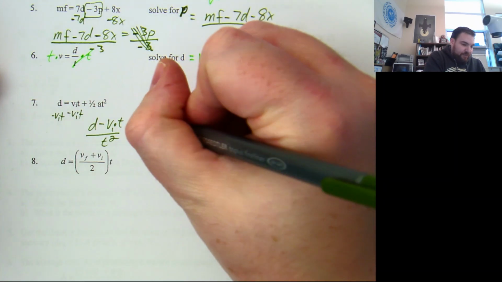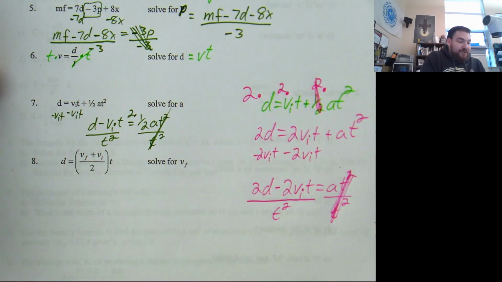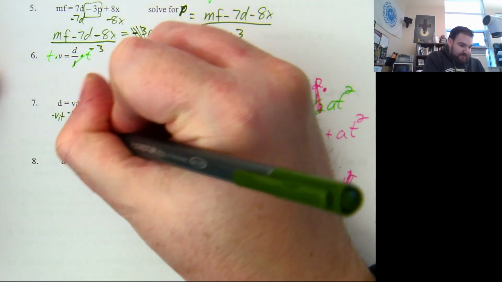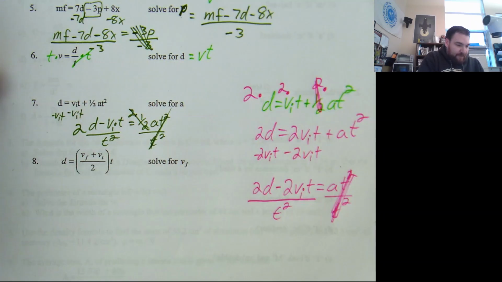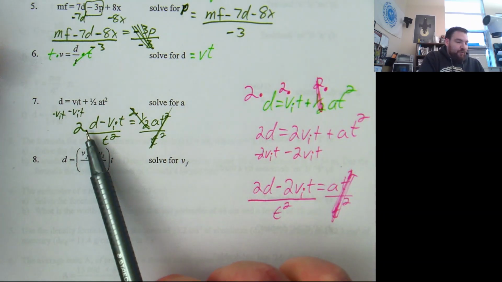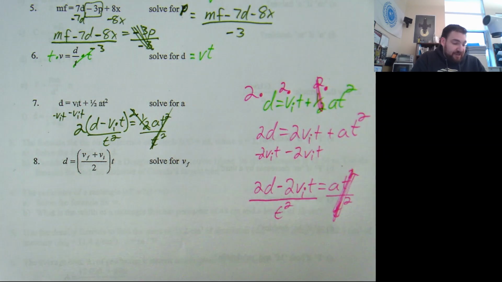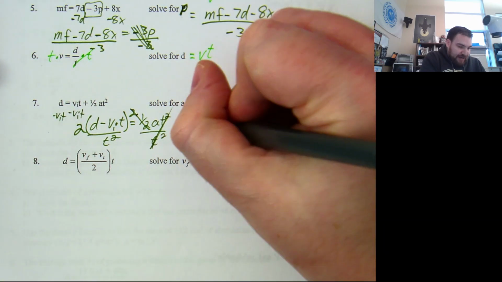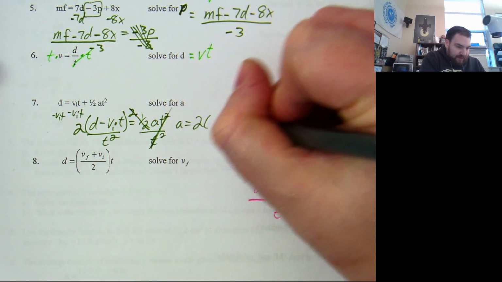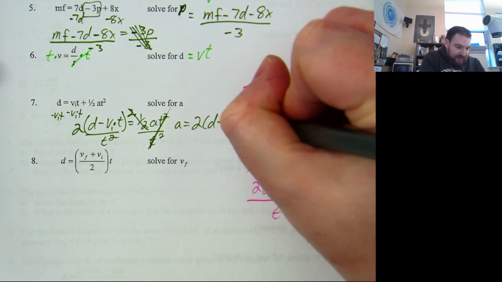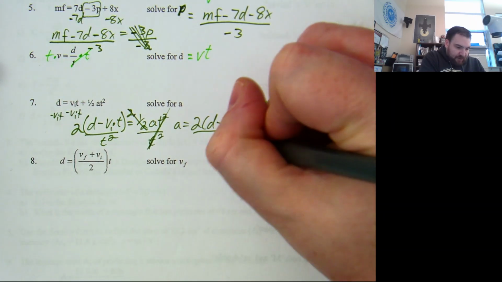Multiply by 2. When you do that, you need to make sure that you're multiplying the entirety of the other side by that 2. And so you're going to get something that looks like this. You're going to get a equals 2 times d minus VIT, all over t squared.